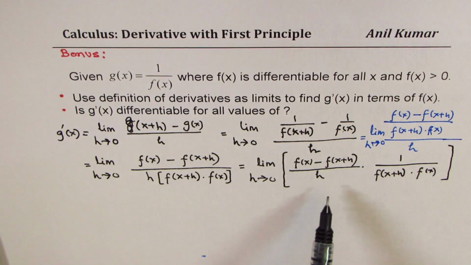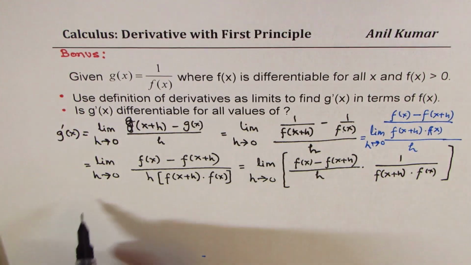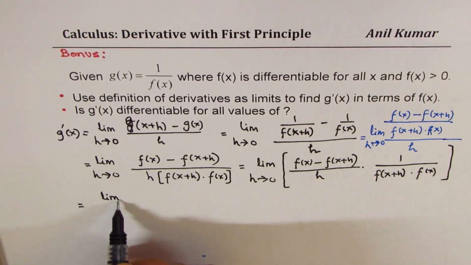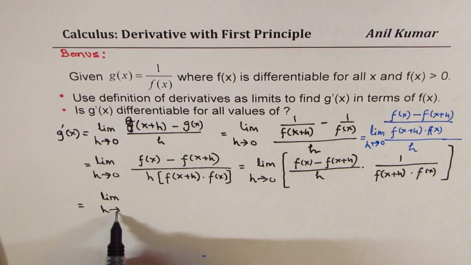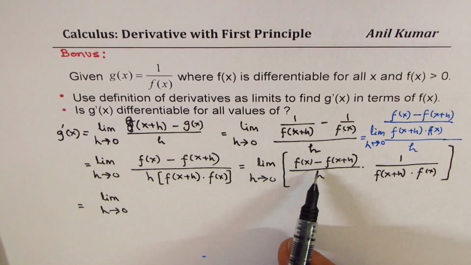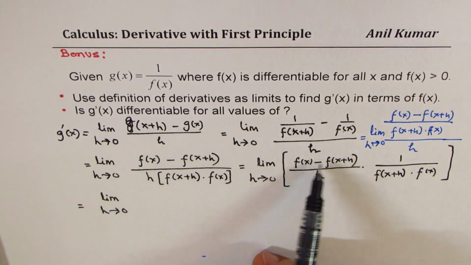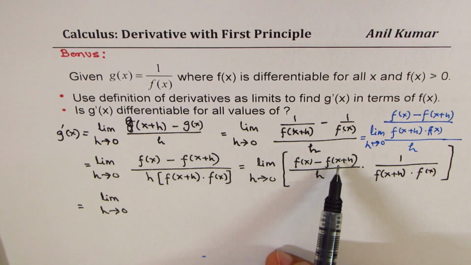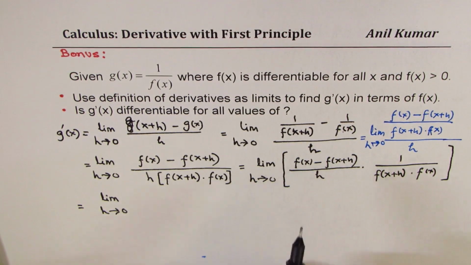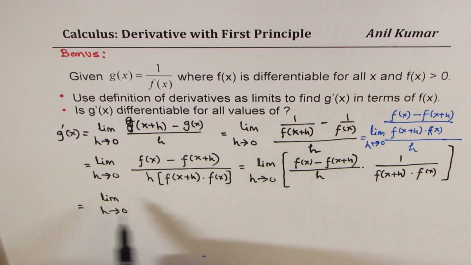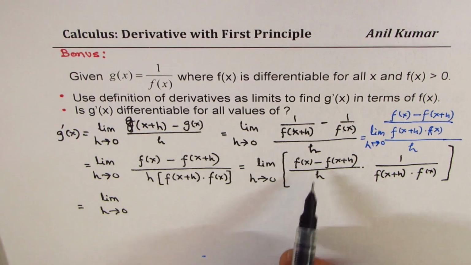Now, using the properties of limits, I could rewrite this as the limit as h approaches 0. Now that will remind you of something. Do you see x plus h coming first? If I rearrange this, it becomes the negative of f of x. So let me use two steps anyway.